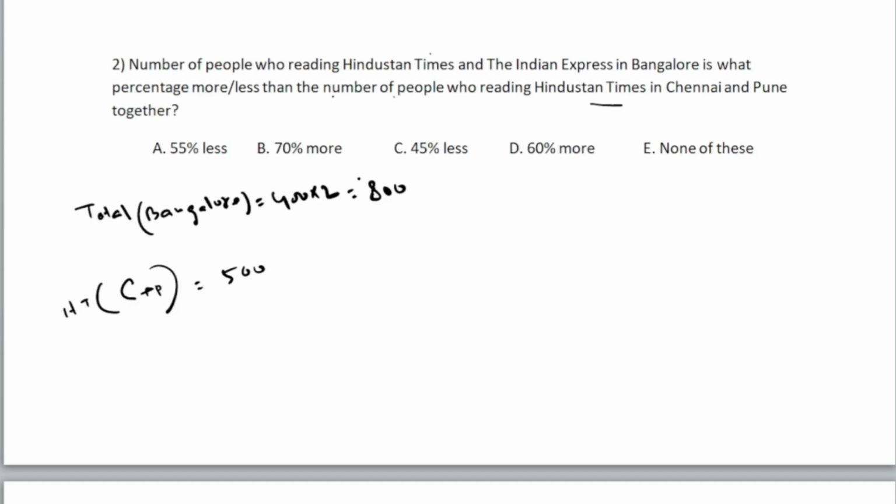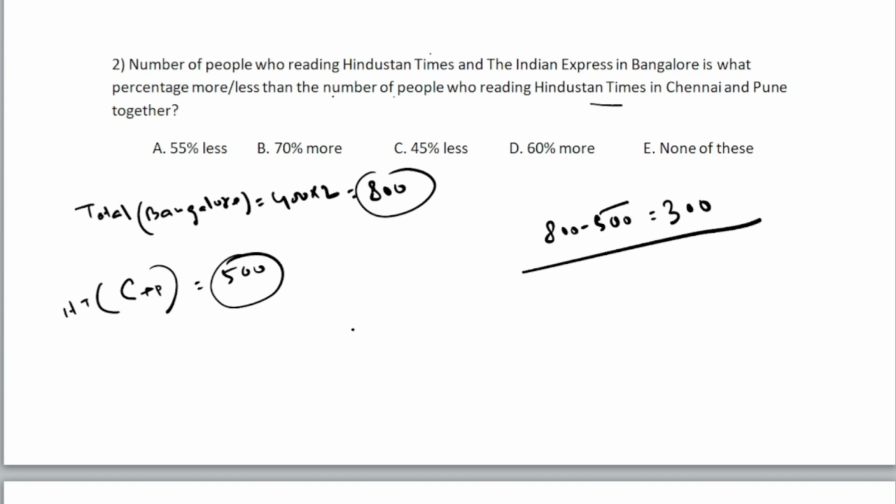The question is asking this number is what percent more or less than this number. Clearly it is more. 500 से 800 ज़्यादा है. कितना ज़्यादा है? 800 minus 500, that is 300. This is 300 more than 500.